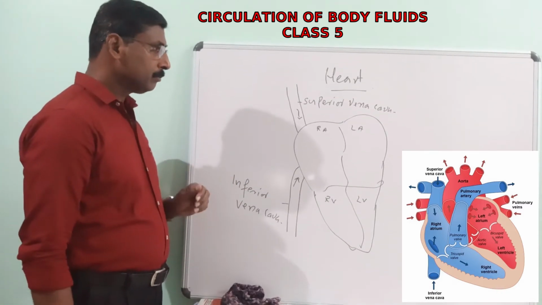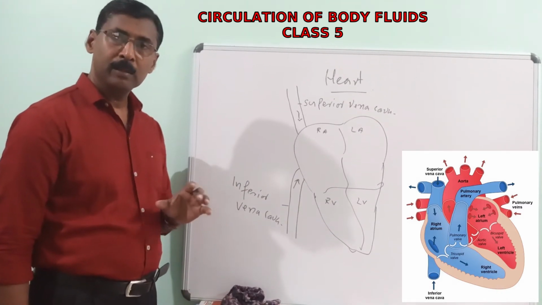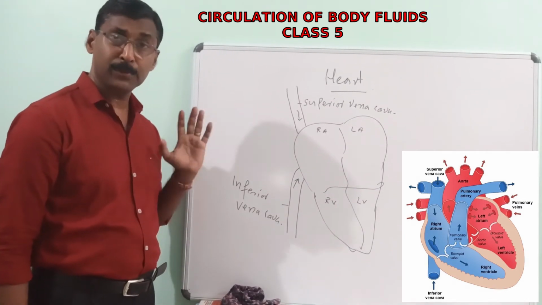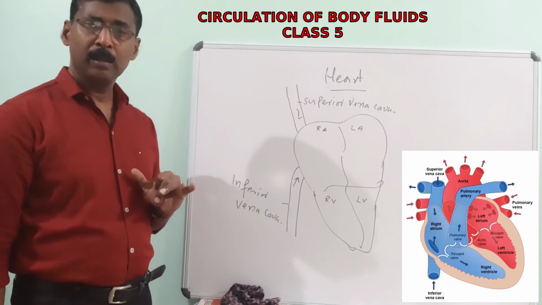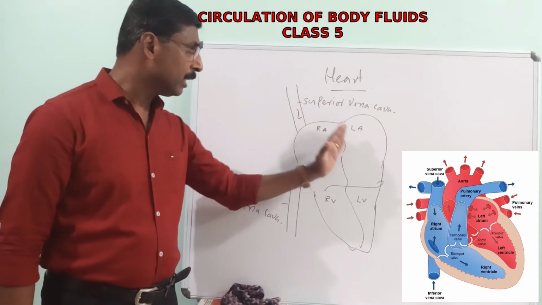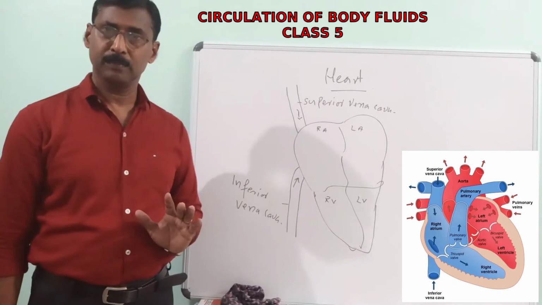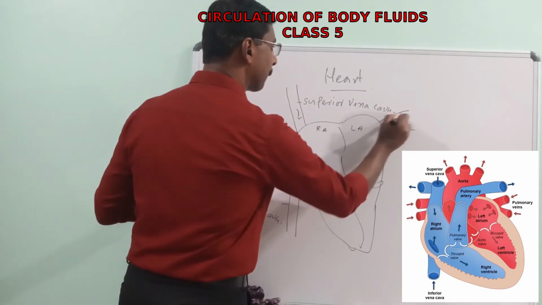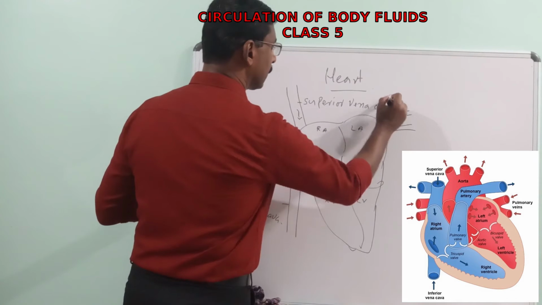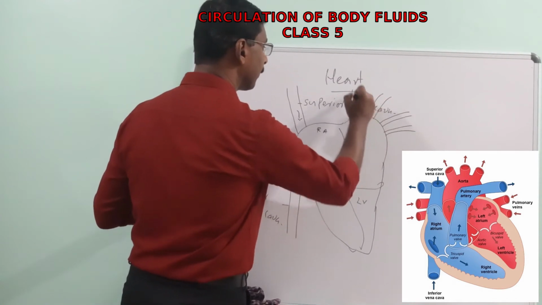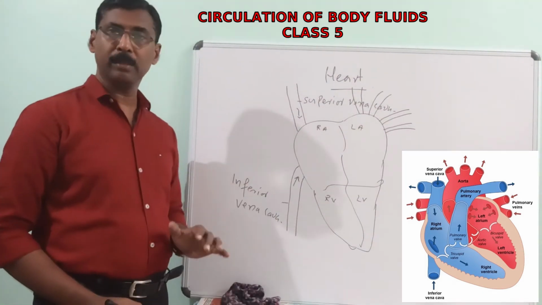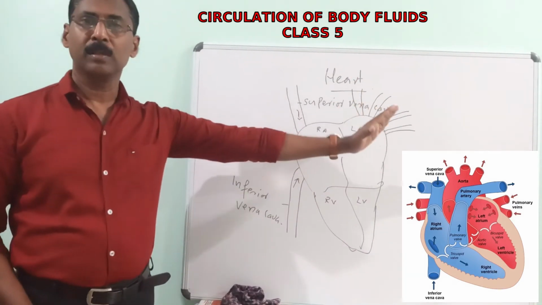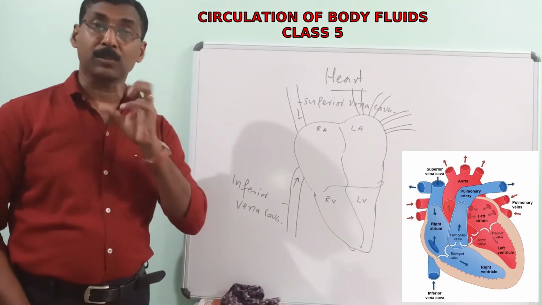Then there are 4 veins that open into the left atrium. These 4 veins come from the lungs.